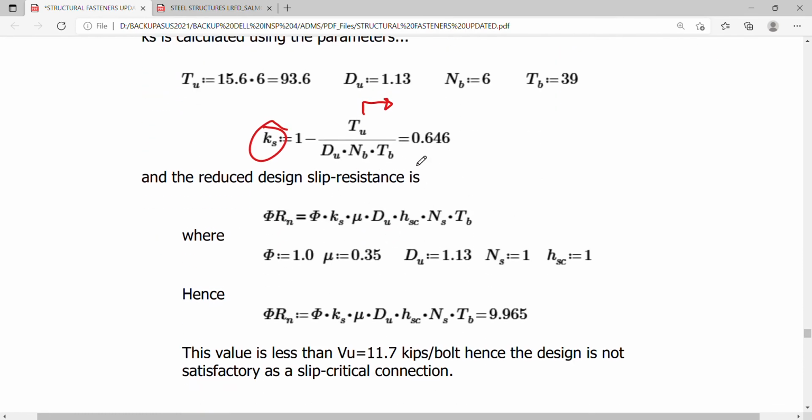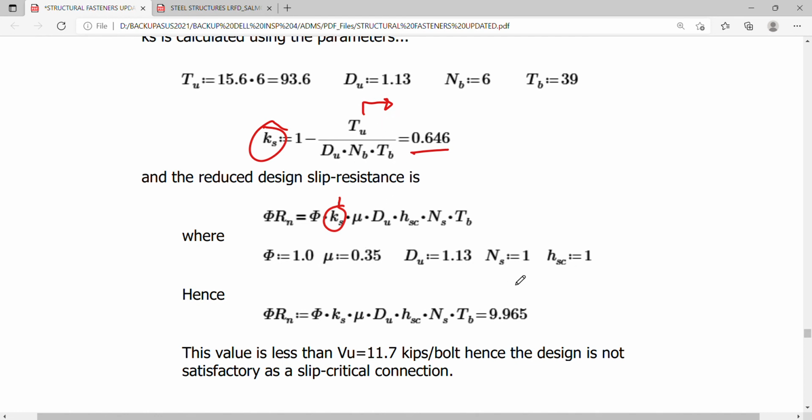So this value is added on the original equation. So U, du, HSC are the original parameters. We are now adding another parameter reduction to account for the tension force TU.